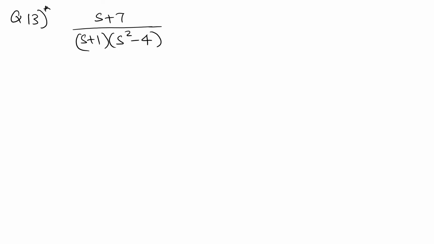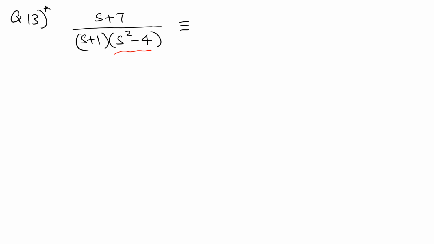If you get a problem like that, normally we would completely factor the bottom, but in the Laplace transform technique we are not going to do that. So this problem is especially different from other problems. We leave it like that. That is the difference between the regular technique and this technique.